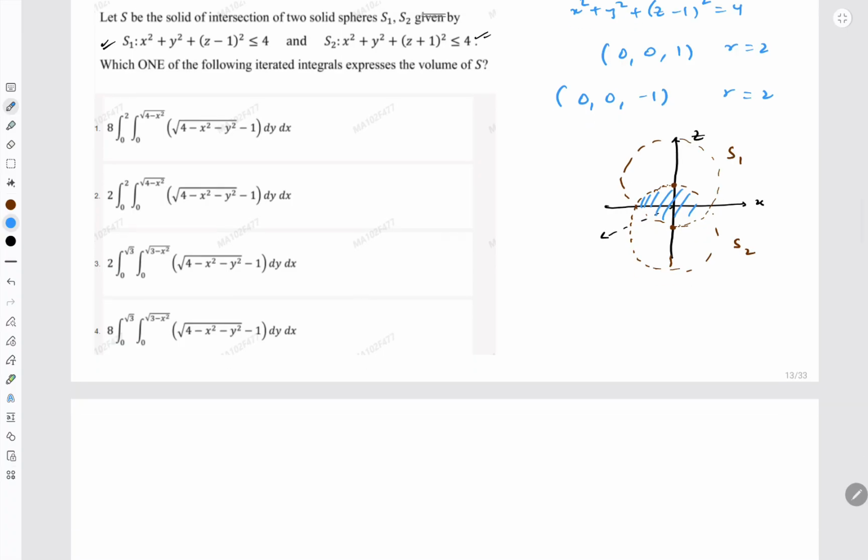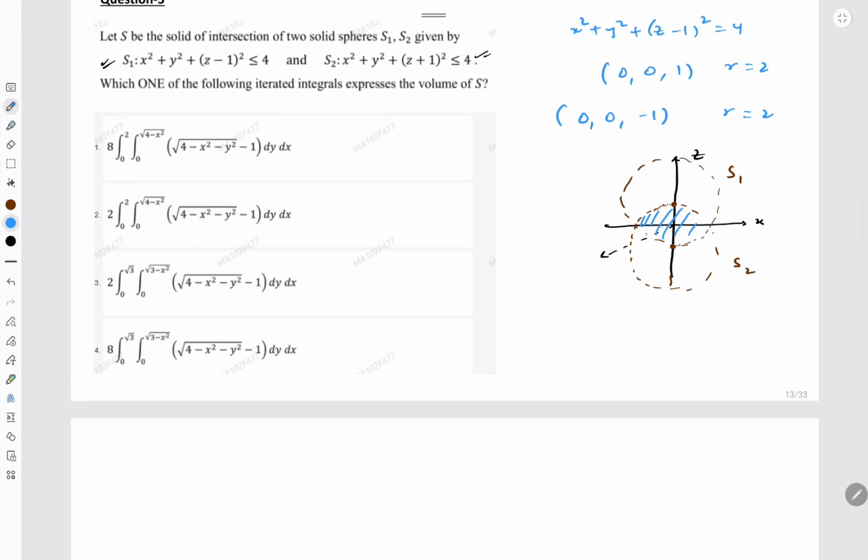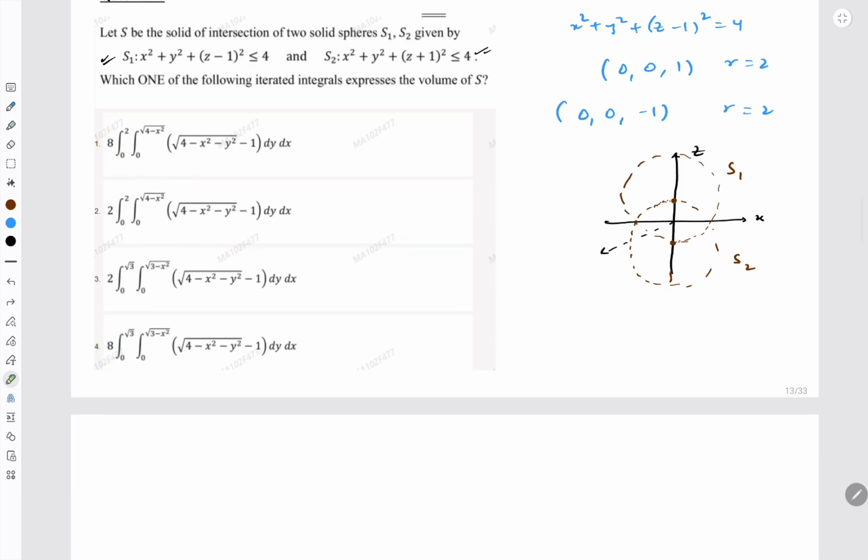So if you imagine this in 3D, as you can see here, there are four regions formed. One is this region, one is this region, one is this region, and one is this region. If you imagine it in 3 dimensions, there are 8 regions formed actually. So it is 8 times the integral. But I mean, that cannot be confirmed just yet.